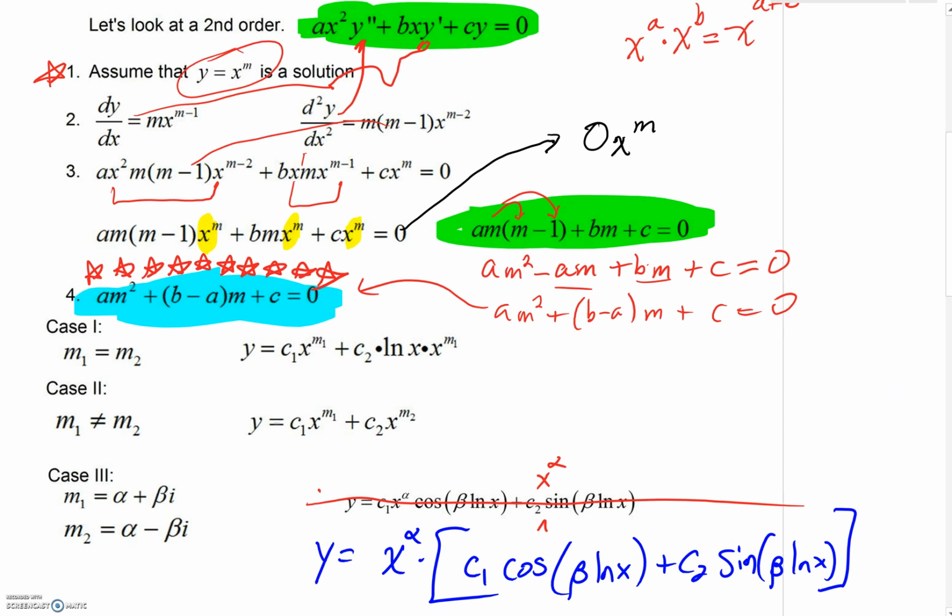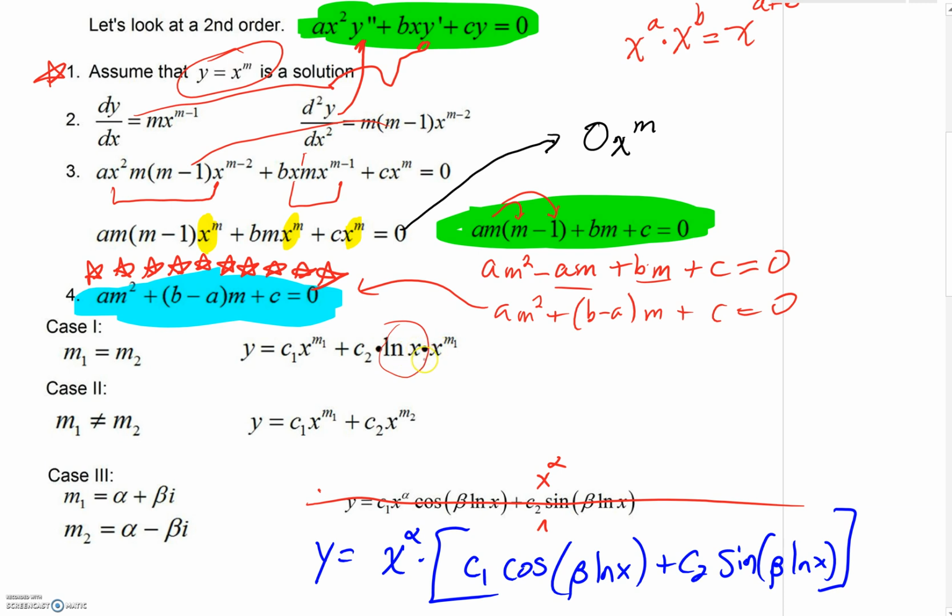What you can see is, once again, you could get three different types of solutions for your quadratic. You might get two of the same, m1 and m2. Well, look, we're assuming that x to the m is a solution. So you'd have c sub 1 x to the m1. But now look, in the past, we'd just throw an x out in front.